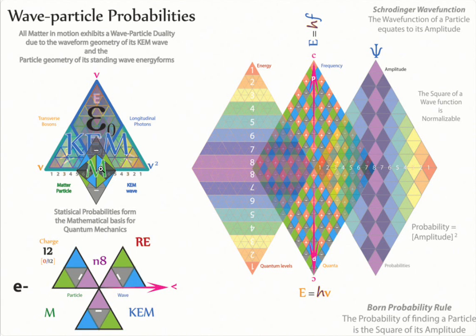Again, Tetryonics describes this as the charge geometry of matter. Three dimensions of energy within a coordinate system, plus a fourth, that being the charge within the equilateral geometry of energy itself.